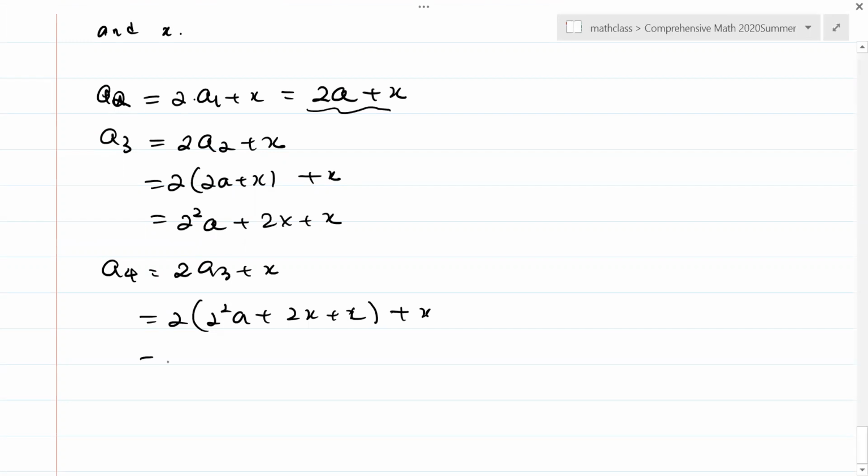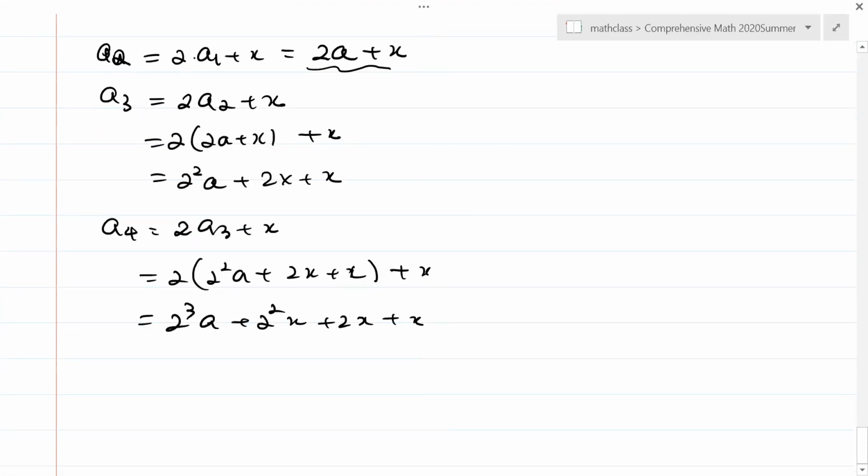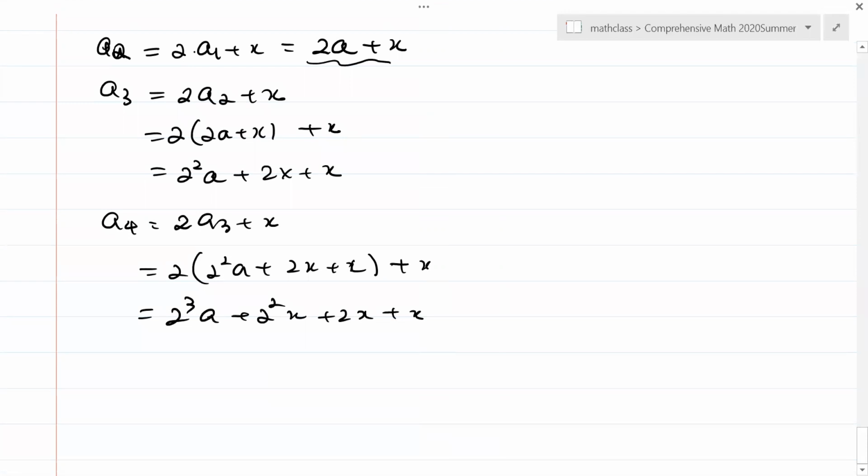So what we get is 2 cubed A, and 2 times 2 is 2 squared. 2 times x is plus 2x and plus x. And now I have a pretty good idea. So this is like a sequence here, 1 plus 2 squared. So if you have A_n, then 2 to the n minus 1 times A, right? Plus 2 to the n, the difference is 2.